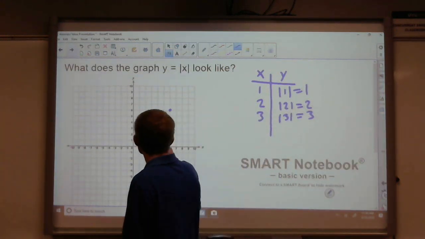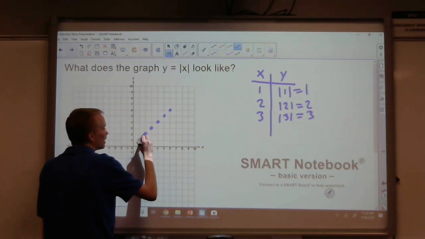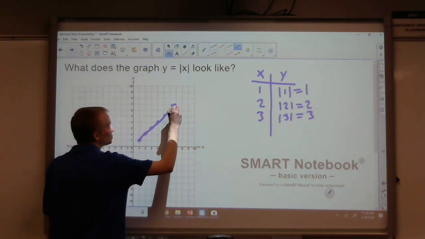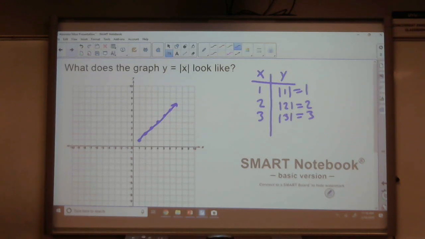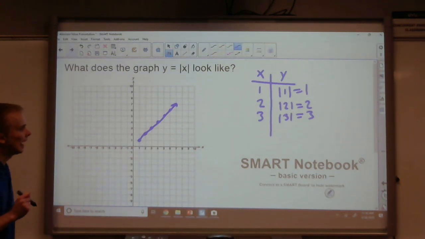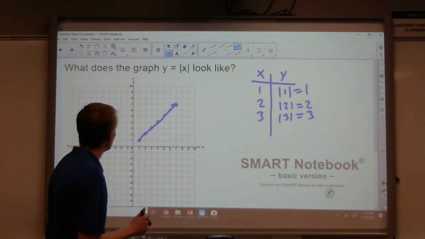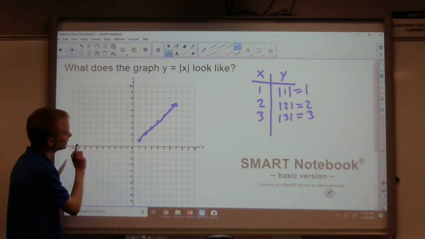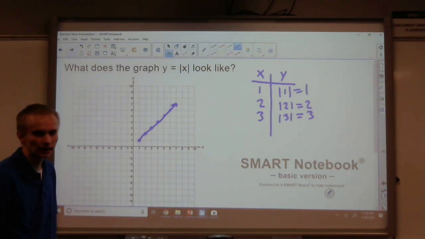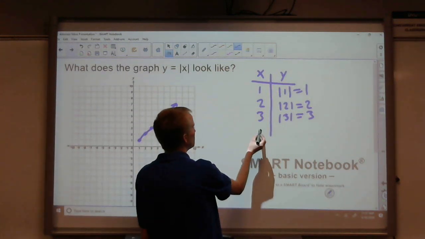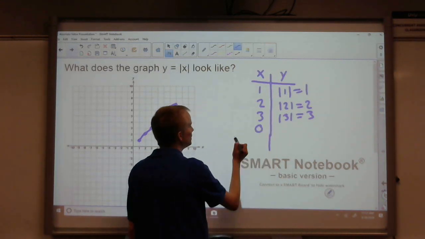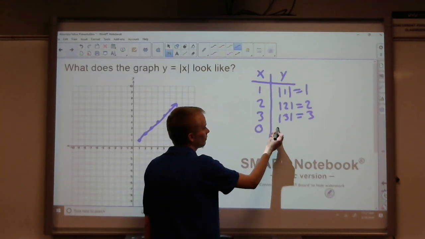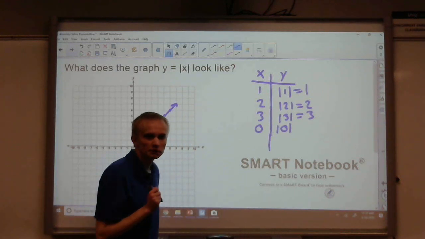And in fact, if I connect my dots, it looks like it's a straight line. It looks like something like this, okay? Now, I should be a little careful here because I don't know what it does when I start plugging in negatives yet. Let's try over there. So maybe let's start with 0, okay? Absolute value of 0.